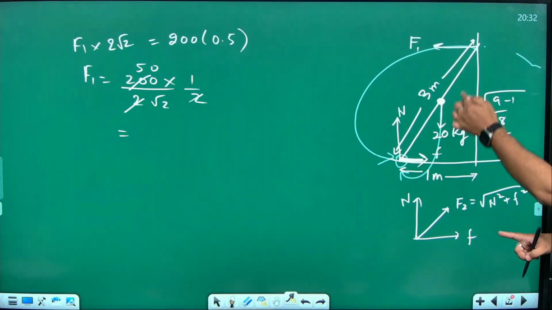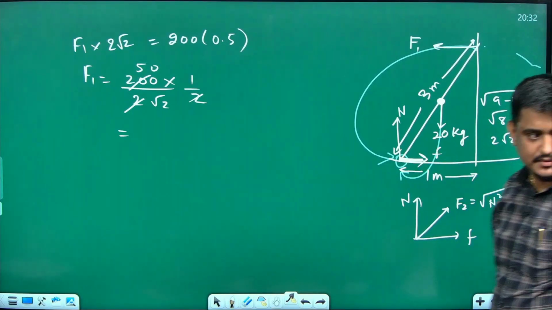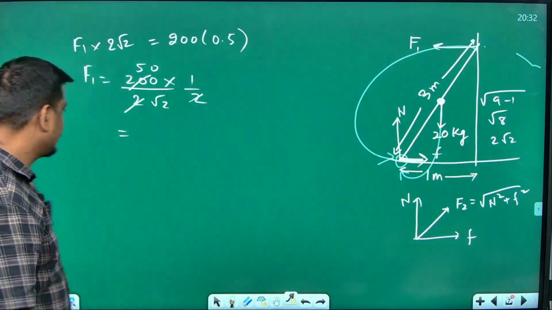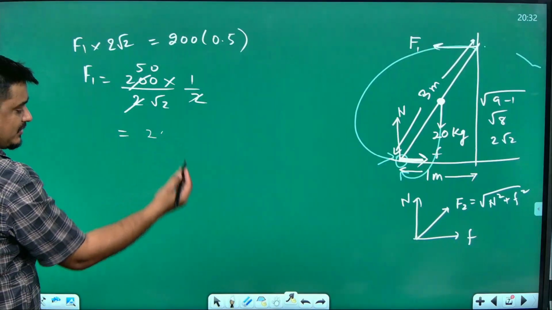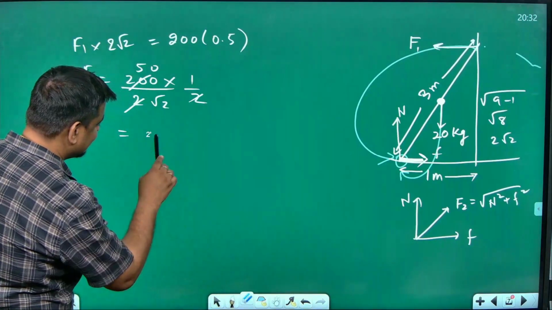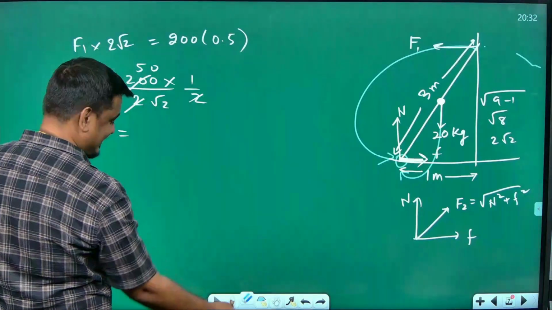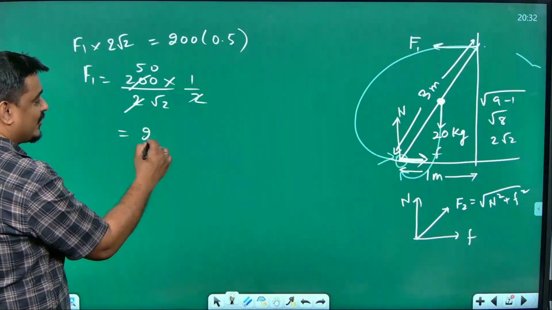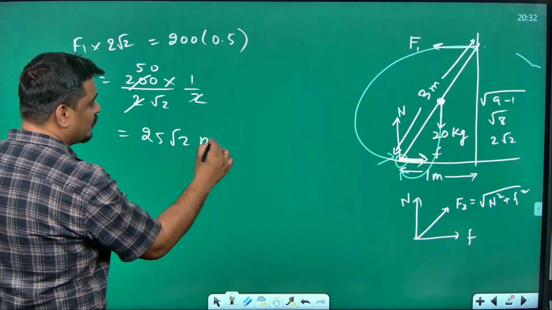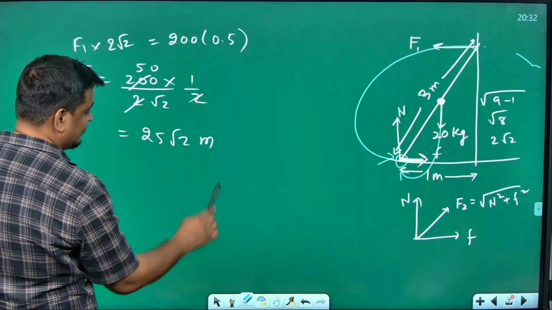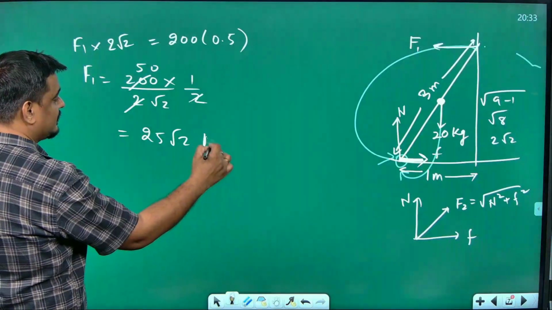It is acting in the center, so 0.5. Got it, Ashwath? Sure? So 25 root 2 newtons is the value of F1.